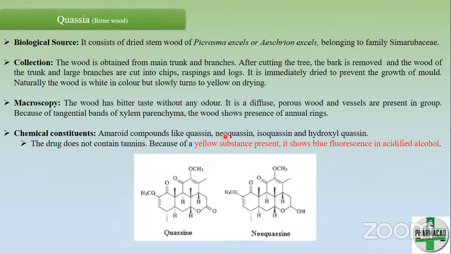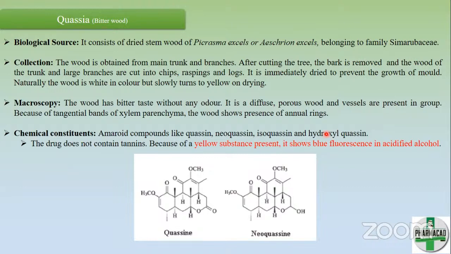This wood has bitter taste without any color, and it is a porous wood and vessels are present in groups. Because of tangential bands of xylem parenchyma, wood will show presence of annual rings. Chemical constituents are mainly amaroid compounds, like quassine, neoquassine, isoquassine and hydroxyquassine.